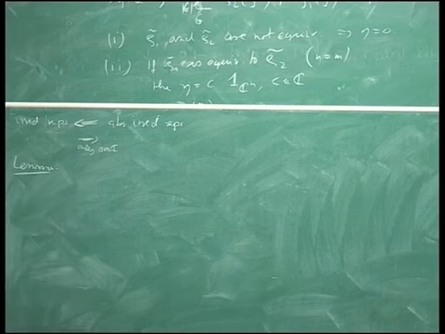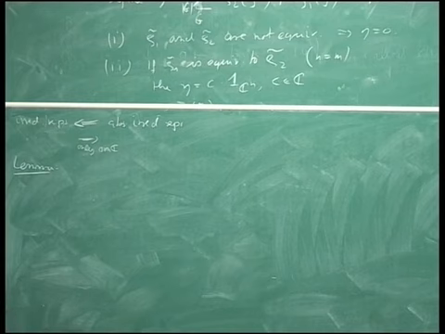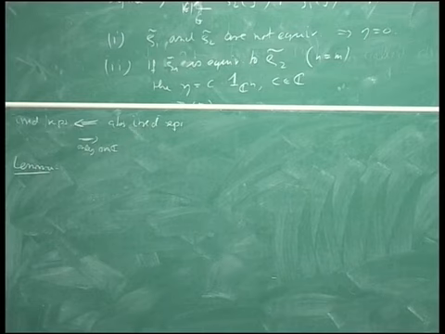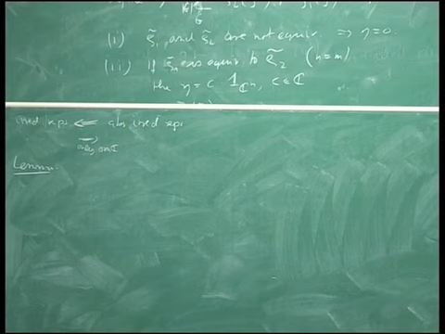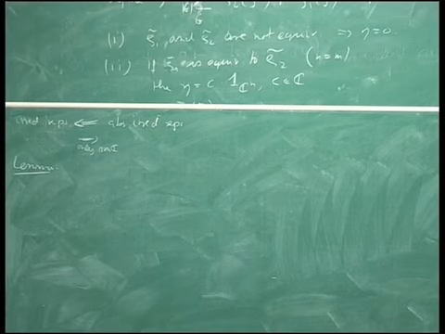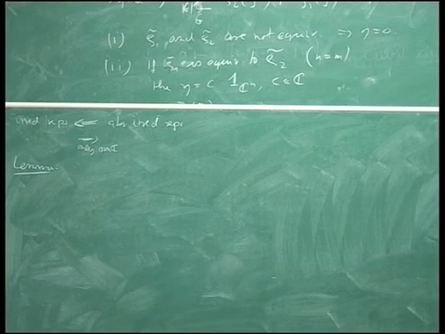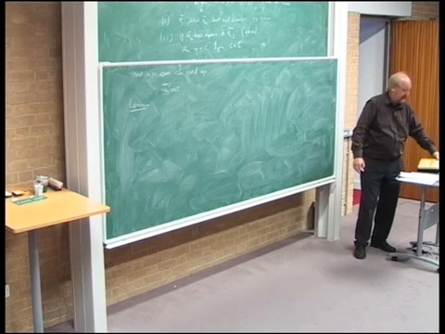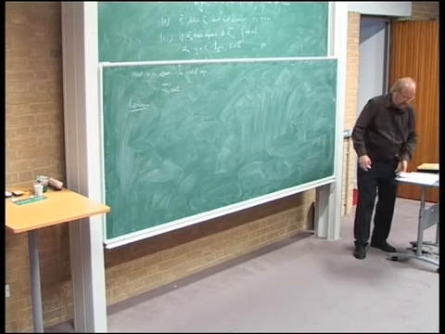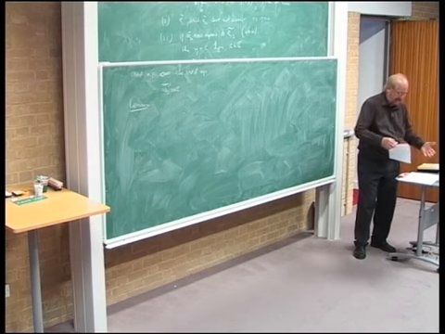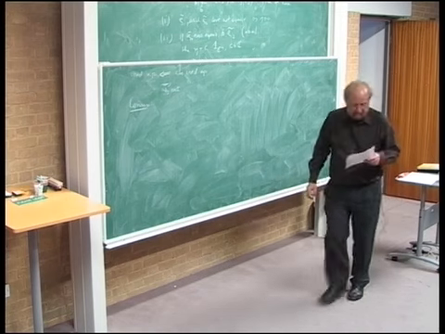You find this all in the book I have written with Pascal, and our presentation there follows very closely the very nice book by Serre, Linear Representations of Finite Groups. So this is the fundamental book for all what I'm saying here.